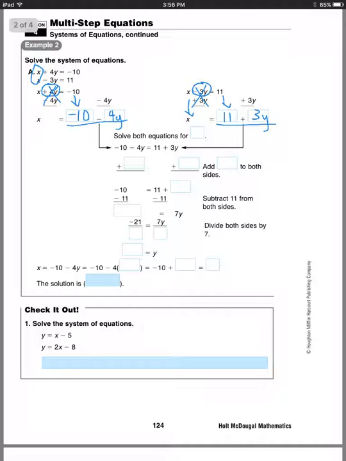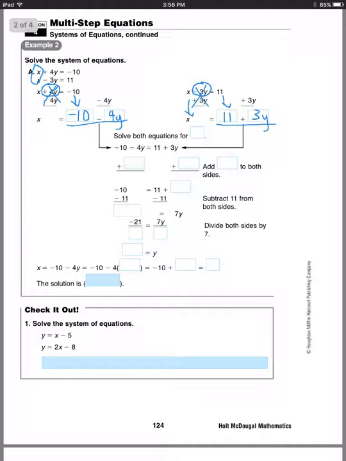So, now I need to solve for y. The first thing I'm going to do is move my y variable. Remember, I always try to move my smaller y variable, so hopefully my variable is positive in the end. It's not always worked that way, but it's a good possibility.